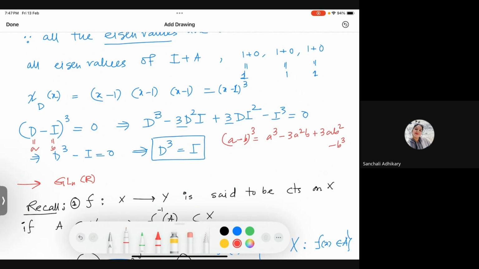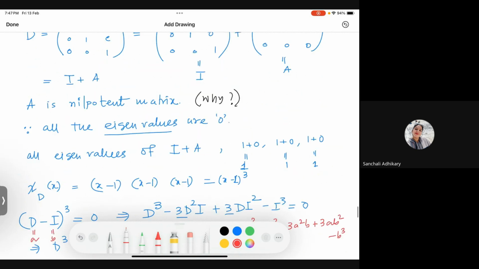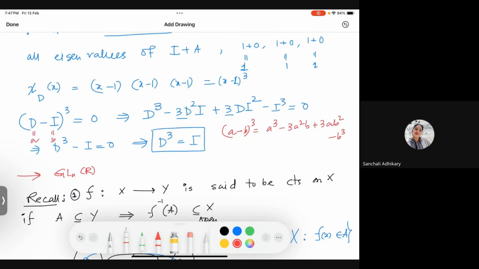D is not identity, I is the identity. So this formula is also not true in general.